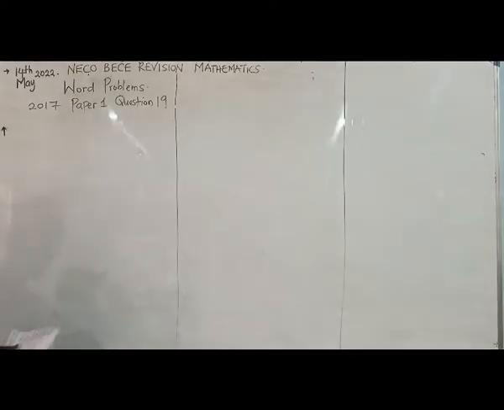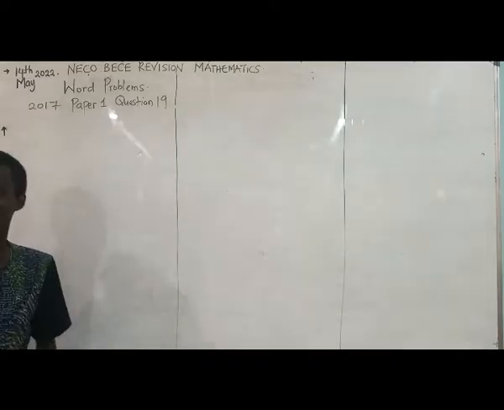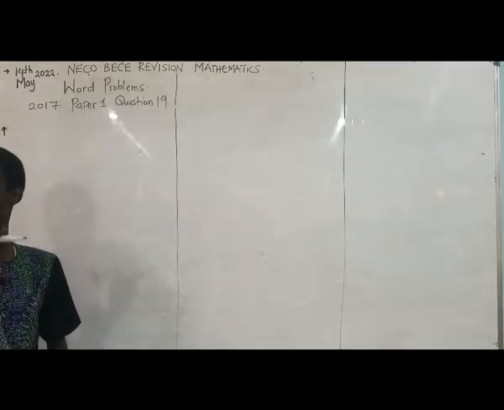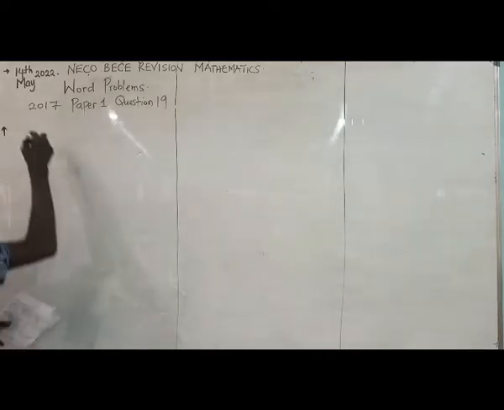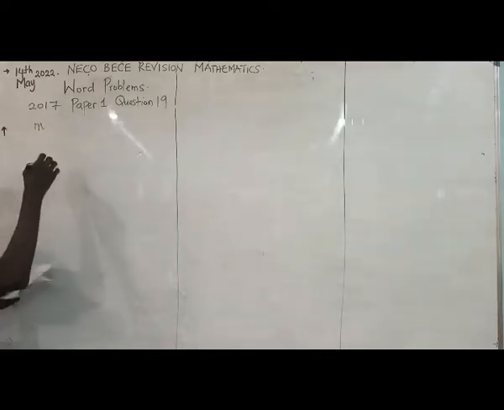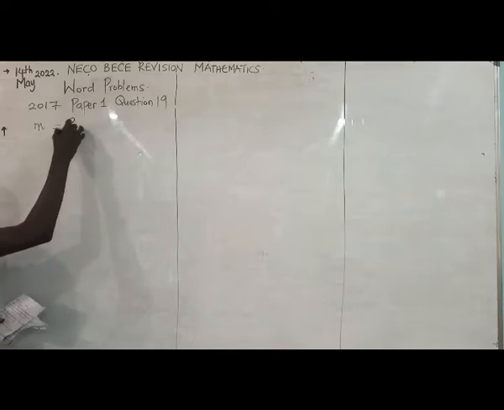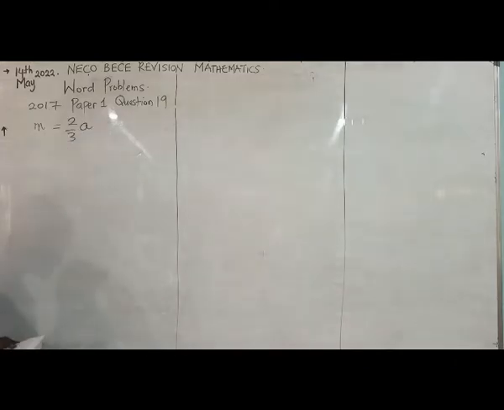Alright, so let's go. The question says, Musa's age is 2/3 of Abu's age. The technique I'm going to use is, as you read the question, to try to generate statements. Now, Musa, I'll call M, is 2/3 of Abu's age.